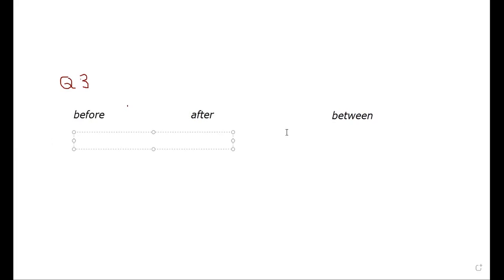The question is the A part. The first one is blank, and then they write 54. We know what comes before 54. Before 54 comes 53.